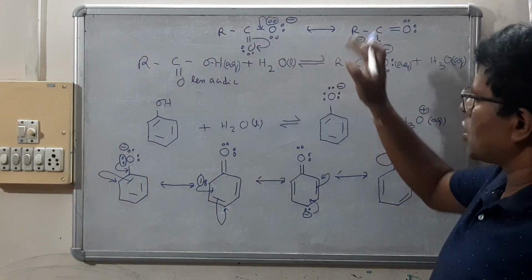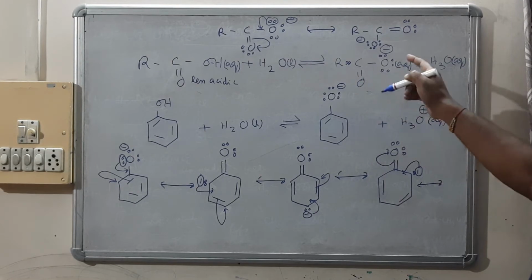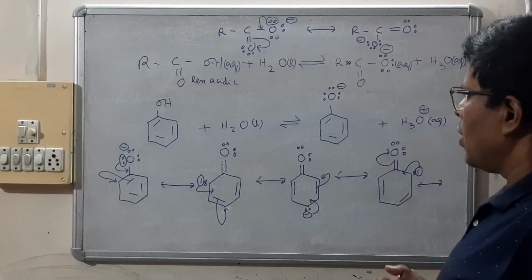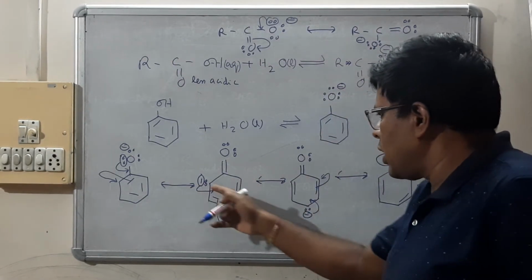So we are getting two structures. The carboxylate ion has two resonating structures, whereas phenoxide has many resonating structures.